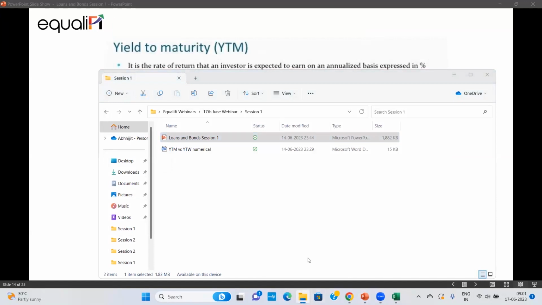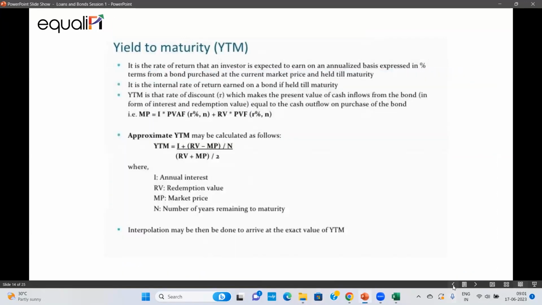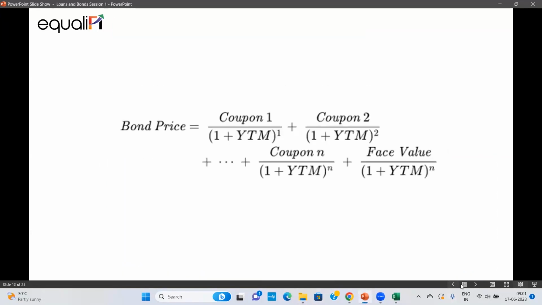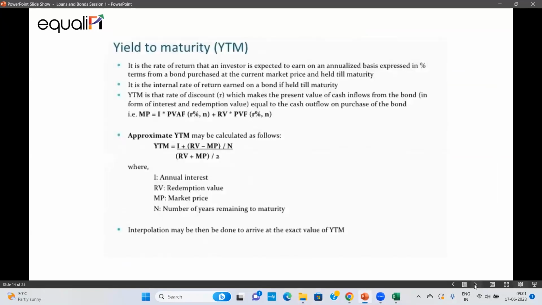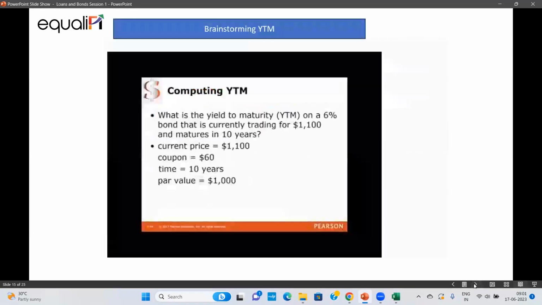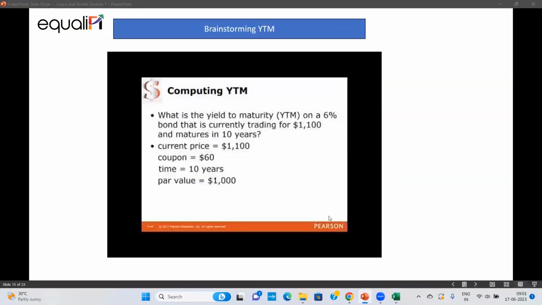So when I talk about I, the annual interest, the coupon rate you have considered as 6%.